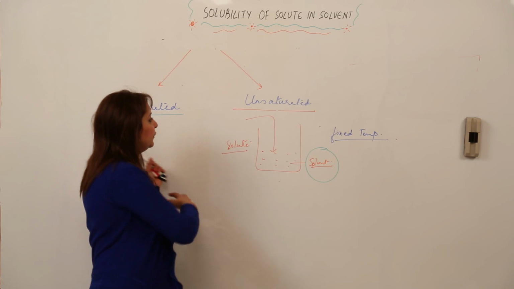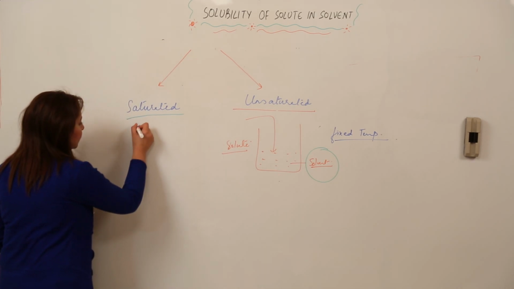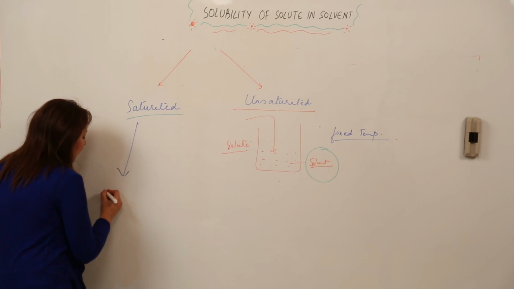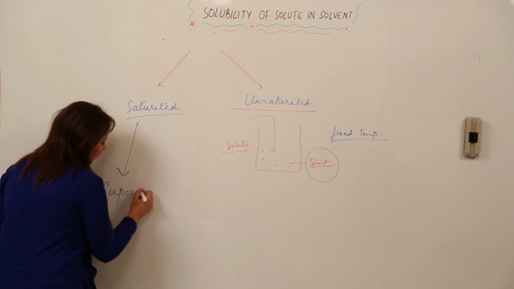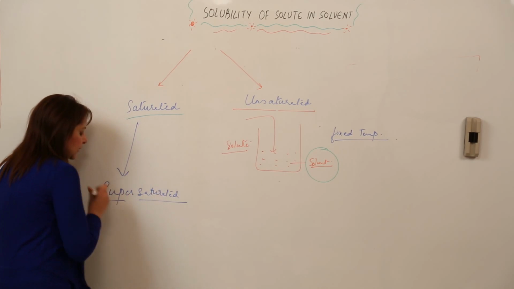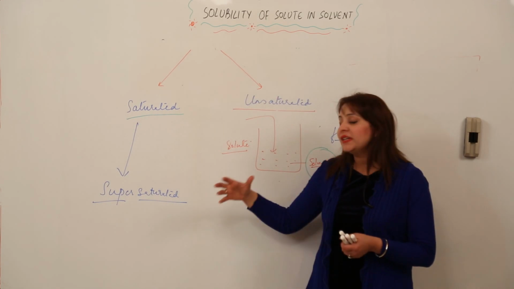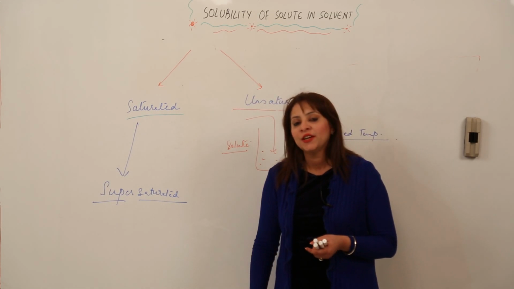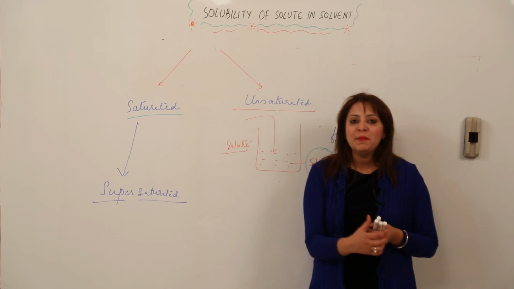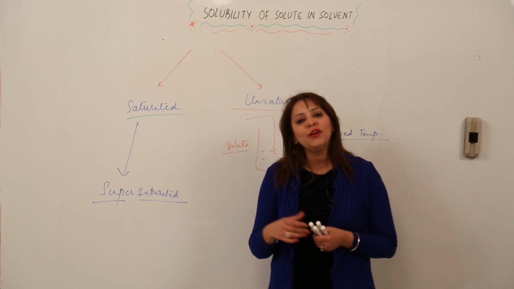Now you are familiar with saturated and unsaturated. We have one more condition which comes under the saturated, which is the supersaturated. Do you have any idea what supersaturated actually means? Tell me, what do you mean by a man? Obviously a male, right? And when I say a superman, what does it mean?